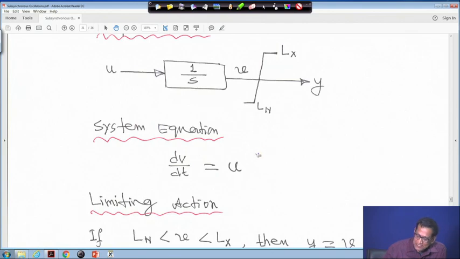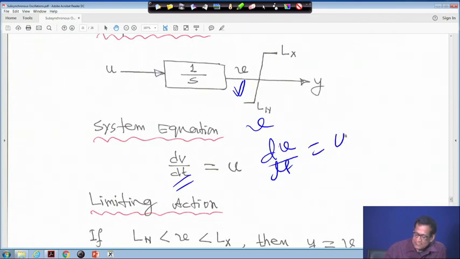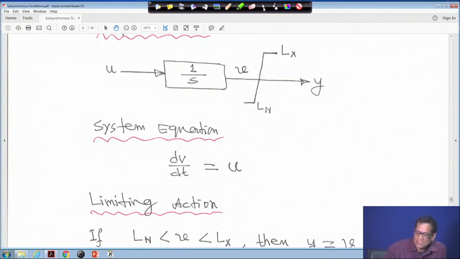Here I have written it like V, but this is actually dV by dt. So dV by dt is equal to u. This is for an integrator, and you are putting a limit.